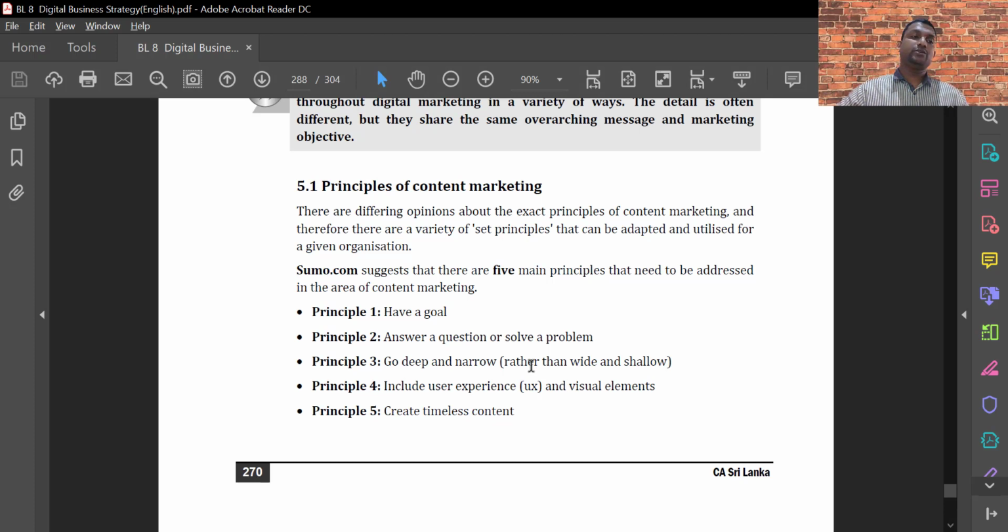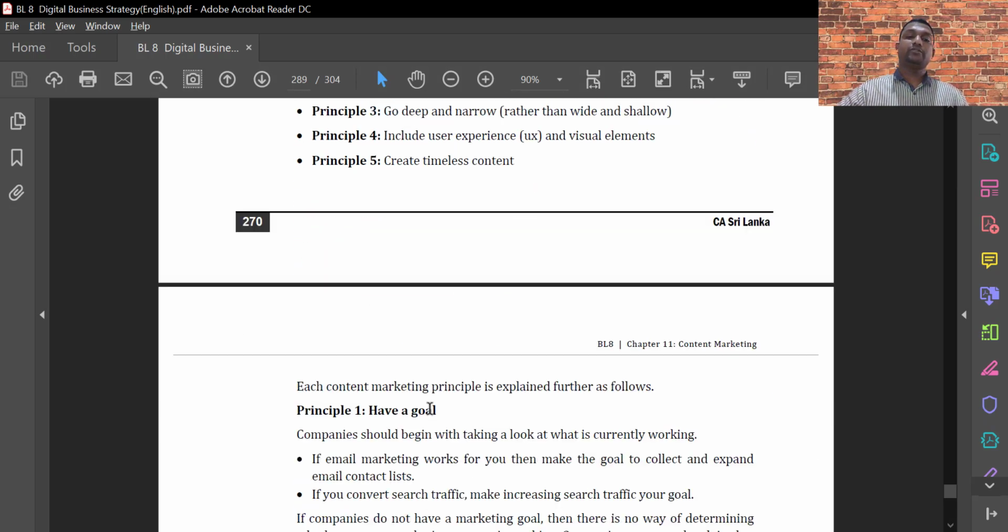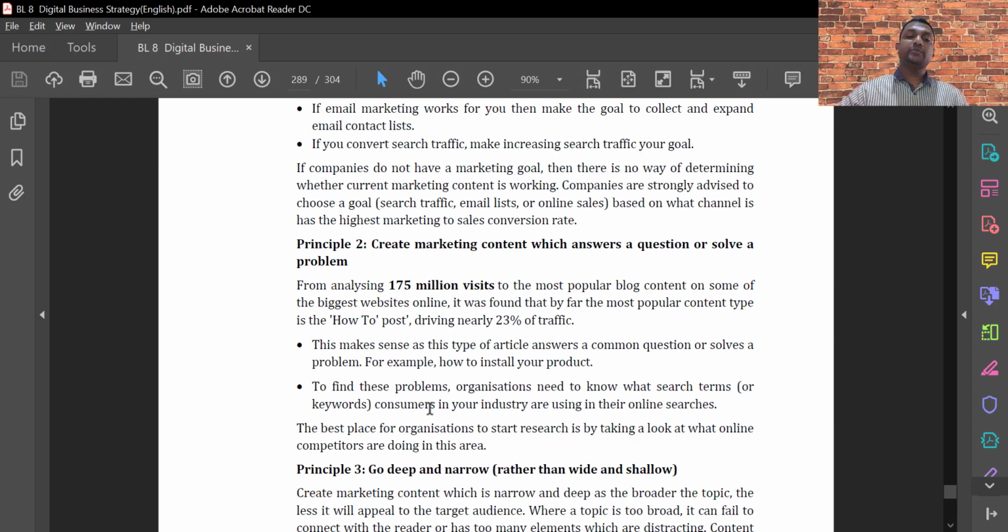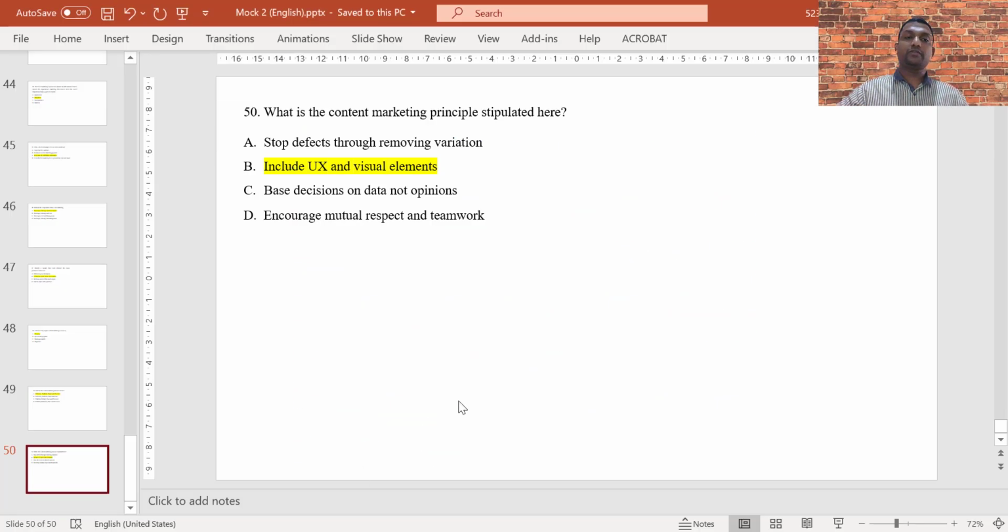So talk about 1 or 2 things, not many things, but talk about them in depth, and give a good user experience and appealing content, and create something which is timeless, where it will also be applicable in the future as well. So each of these principles is clearly designed and discussed. So out of the given answers, answer B is the correct answer.